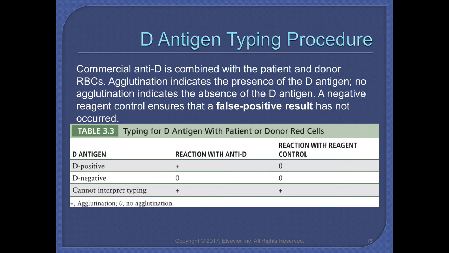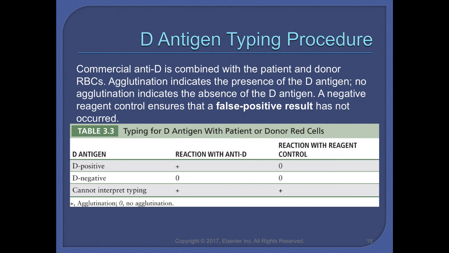There is commercial anti-D available. Obviously, when we do the testing, we take the commercial anti-D and combine it with the patient and or donor red blood cells. The agglutination indicates the presence of the D antigen on the red cells, and no agglutination indicates the absence of the D antigen.